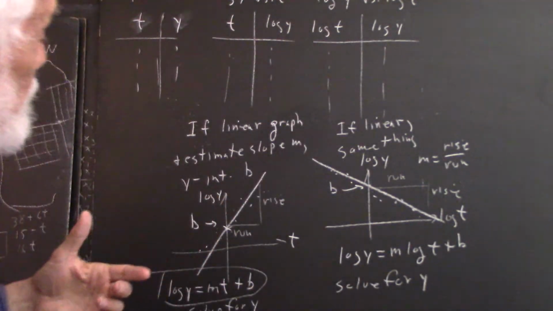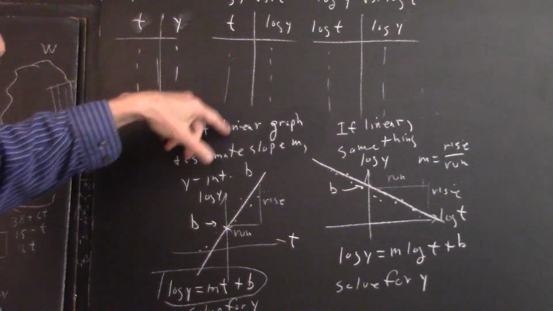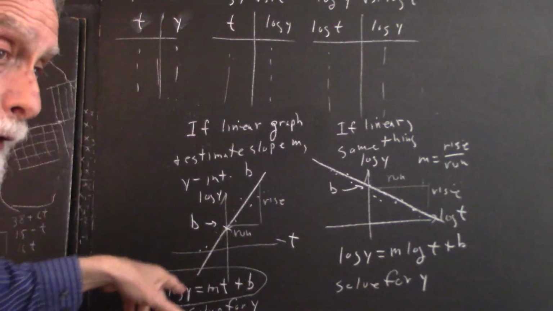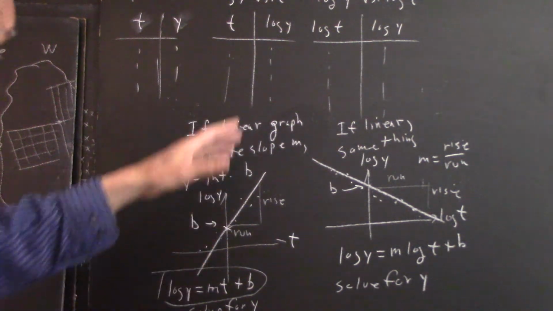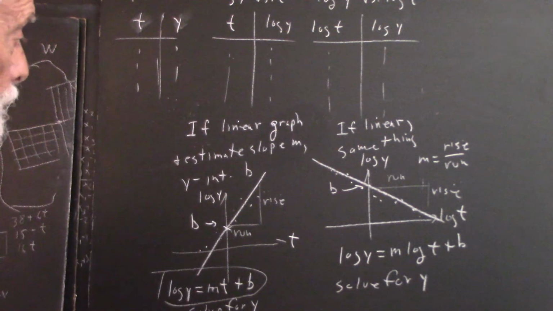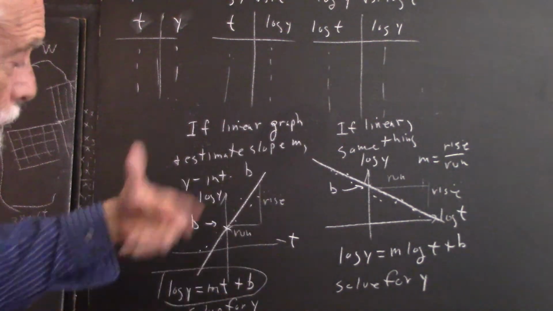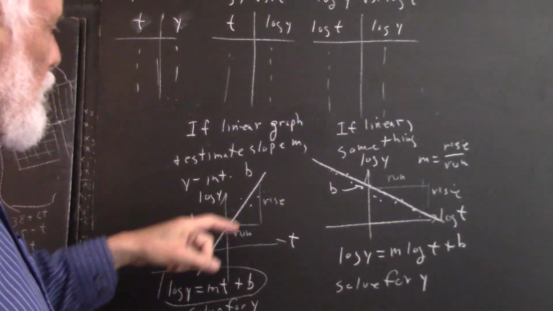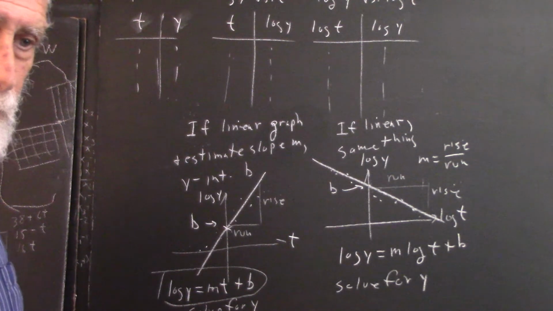Now, you graph. Whatever you get here, you graph versus t, and you get a graph. If it's a straight line, or suggests a straight line, you figure out what that straight line ought to be, either estimate it graphically or use regression, and you're going to get a slope and a y-intercept.